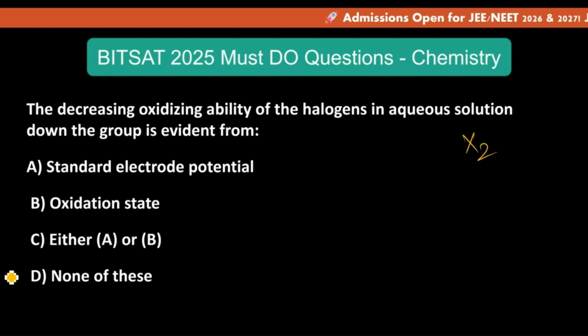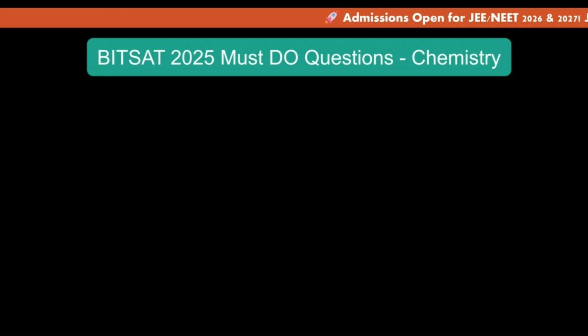The decrease in oxidizing ability of halogens like fluorine, then chlorine, bromine and then iodine is from electrode potentials only, because F2 to F minus electrode potential is plus 2.87, then for Cl2 it is decreased, then comes Br, that is also less, iodine is 0.54. So standard electrode potential is your answer.